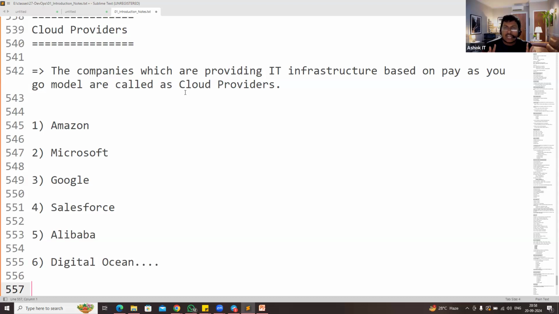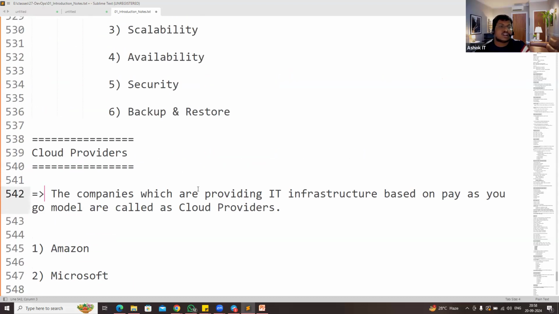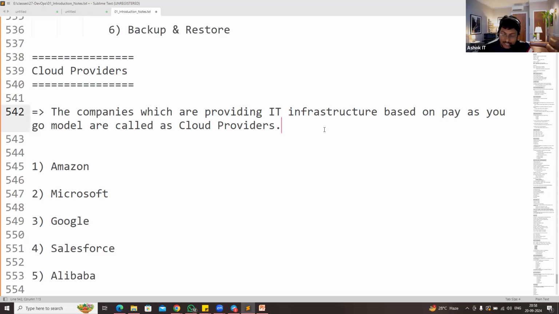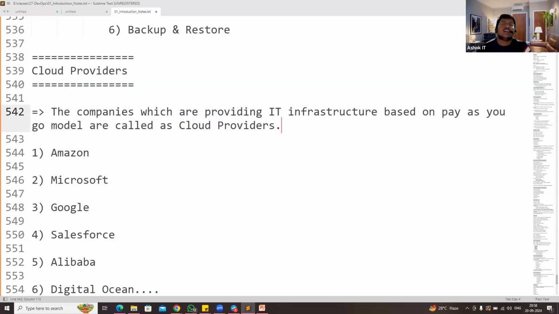By using online, you can take infrastructure for rent to run your business. For your project, whatever infrastructure is required, you can take for rent. So that is called cloud computing. So who is offering this cloud computing? Cloud providers. Who are cloud providers? Any company which is giving IT infrastructure for rent is called a cloud provider.